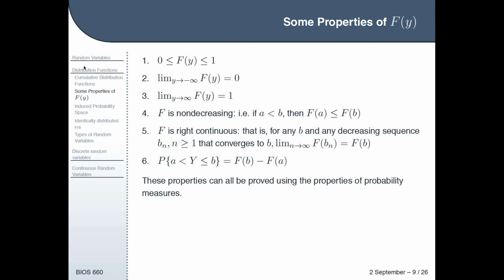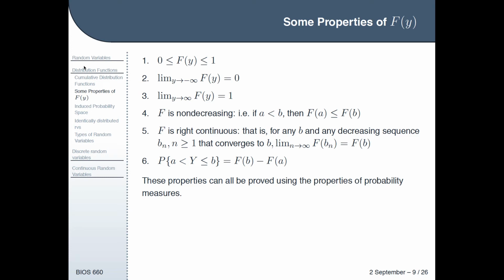Similarly, the limit as y goes to infinity is equal to 1. It's always a non-decreasing function: if a is less than b, then F of a is less than or equal to F of b. This follows from the fact that the event y less than or equal to a is always a subset of the event that y is less than or equal to b, so by the properties of probability that implies that F of a is less than or equal to F of b.